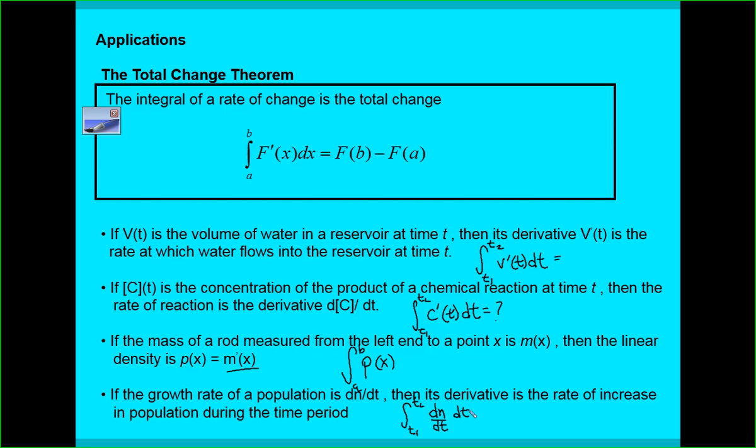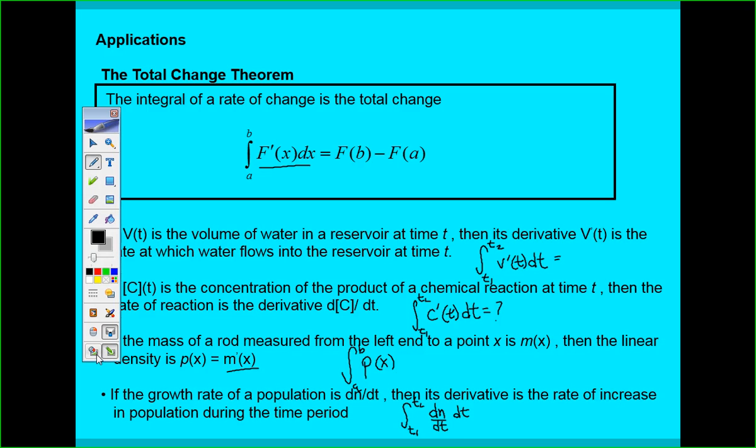That would represent the total change in the increase of population from the time period t sub 1 to t sub 2. So that gives you an idea of what the total change theorem is about. We're taking the antiderivative of a rate of change, and then here we've looked at 4 examples on how to interpret that total rate of change.